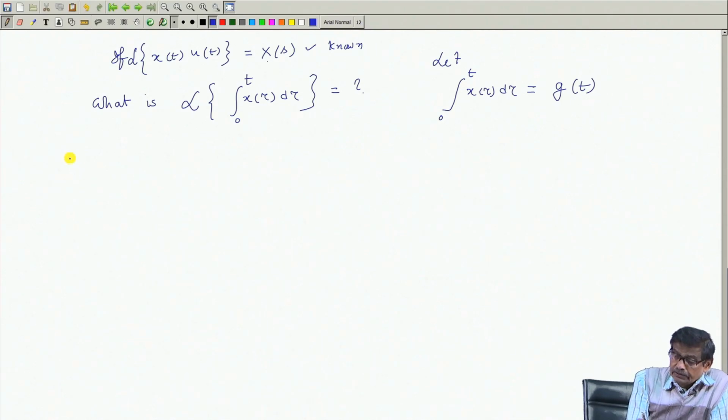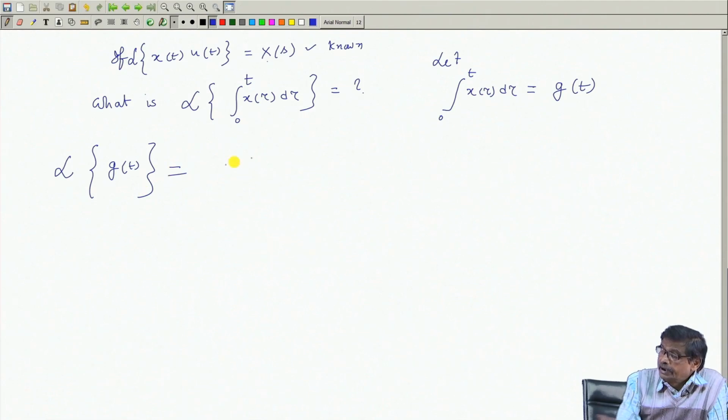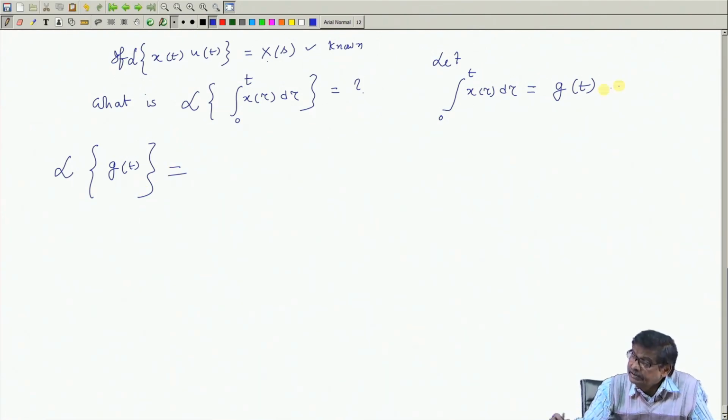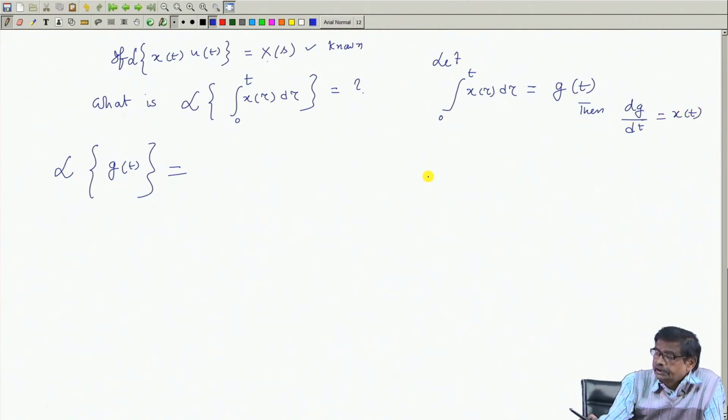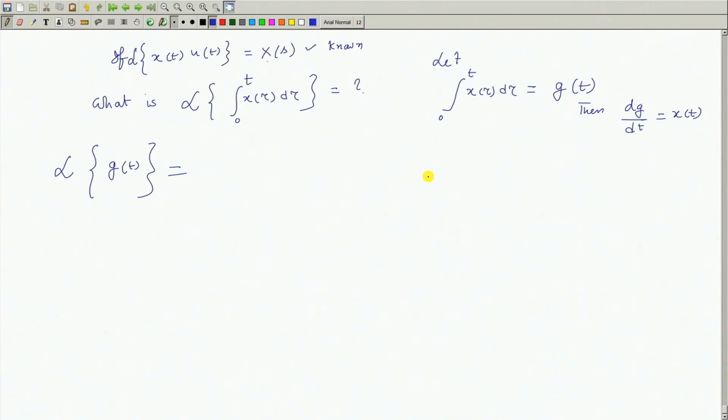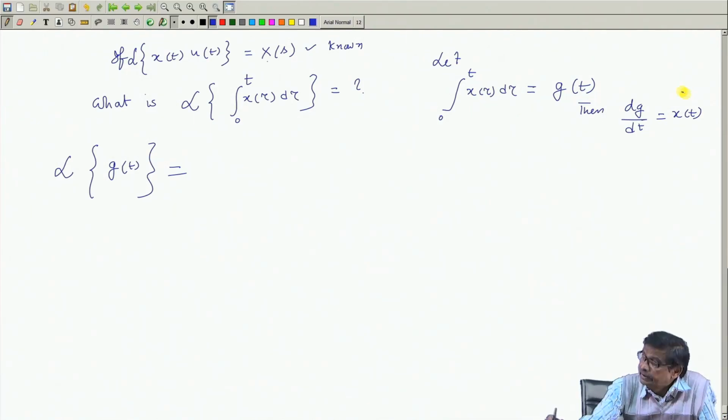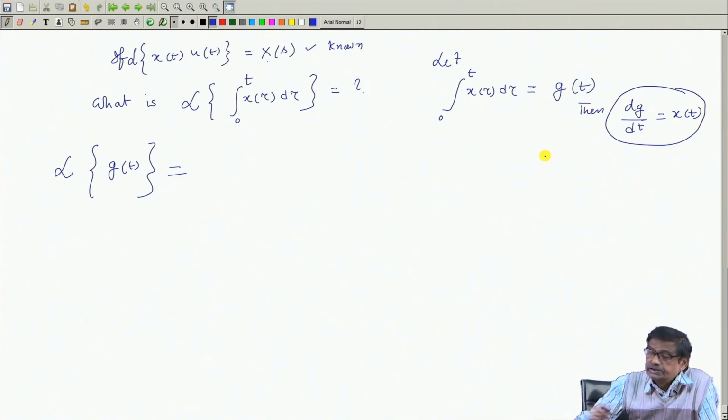Then what I am trying to calculate is the Laplace transform of g(t). Obviously, if g(t) is this, then dg/dt must be equal to x(t). Integration of this function is g(t), so if you differentiate it, you will get x(t). So dg/dt is x(t). We note it down there.